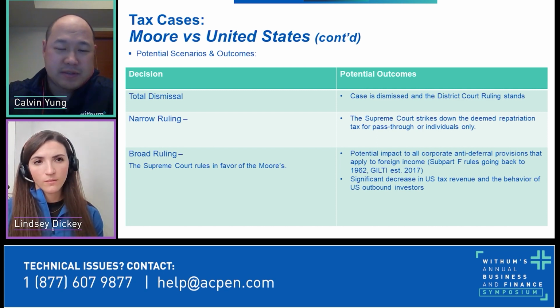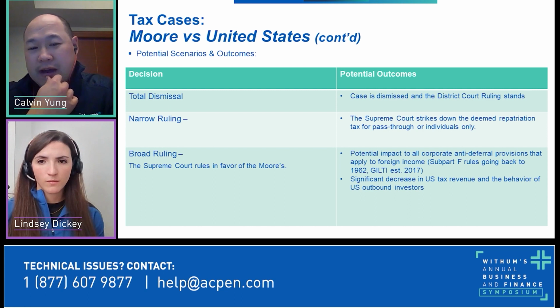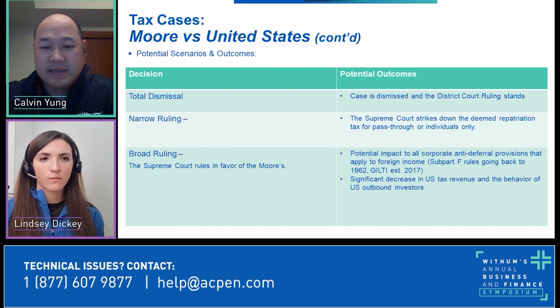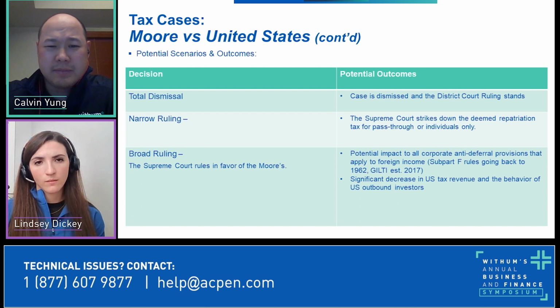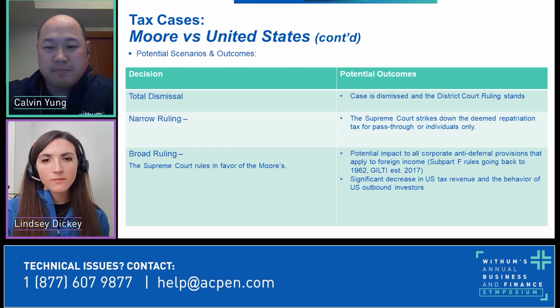The second route that the Supreme Court could take is that they could issue a narrow ruling where they limit it to certain situations. One situation is that 965 doesn't apply to individuals, because individuals are pretty much cash method taxpayers, so they shouldn't realize any income where they never received any income.